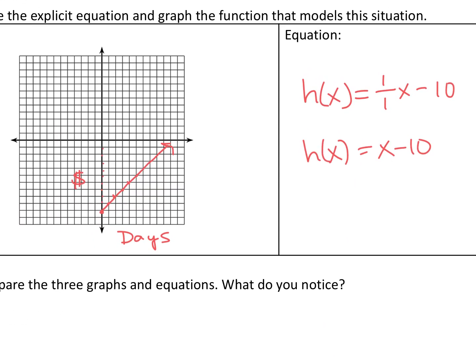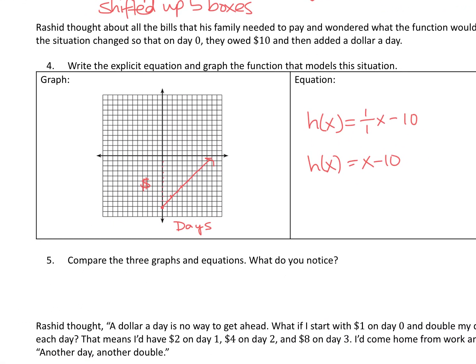Okay, now we're going to do a comparison of the 3 graphs. Compare the 3 graphs and equations. What do you notice? So this is what we're noticing. We are noticing that g of x is definitely greater than f of x, but f of x is greater than h of x.